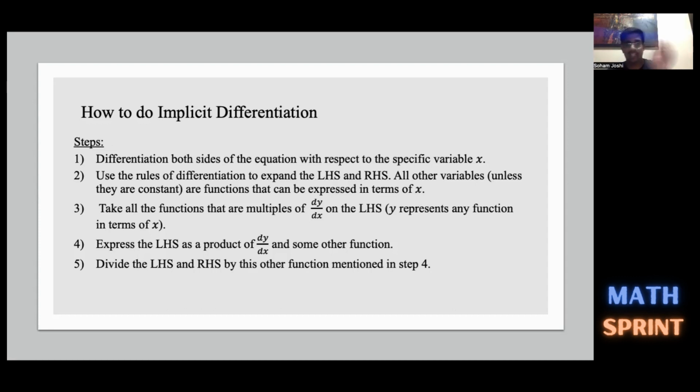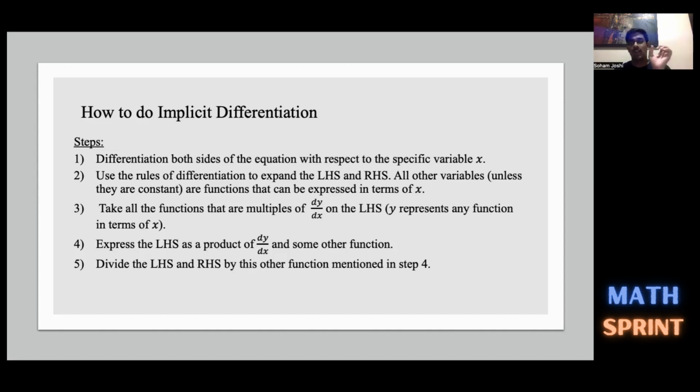So you could say we're just taking dy by dx out and making the entire LHS, the left-hand side, as the product of dy by dx and some other function. That other function could be, say, x plus 2y or just 2y or anything, actually. Then, in step 4, we divide the LHS and RHS, that is the left-hand side and right-hand side, by this other function. And that allows us to get an equation for dy by dx.